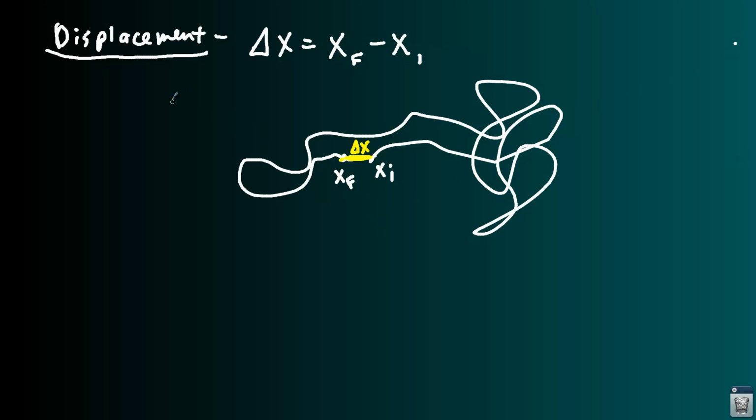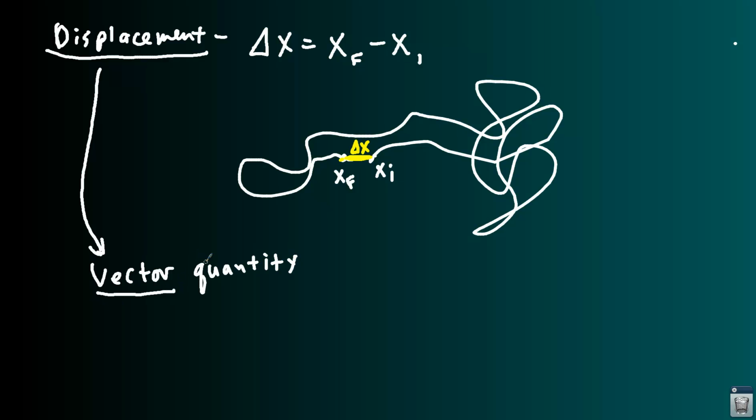But displacement happens to be a vector quantity. And that means it has size, or you can think of it as amount of something, or magnitude is the kind of the proper word.